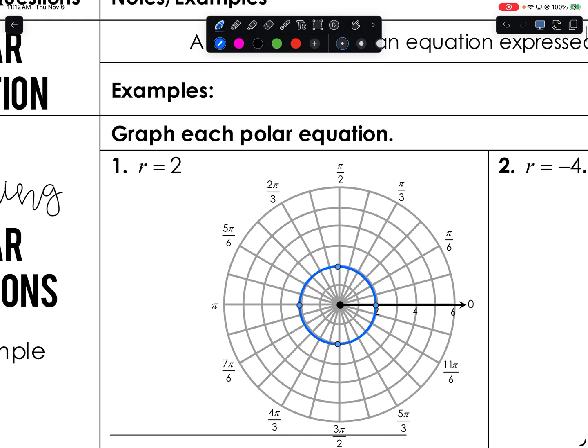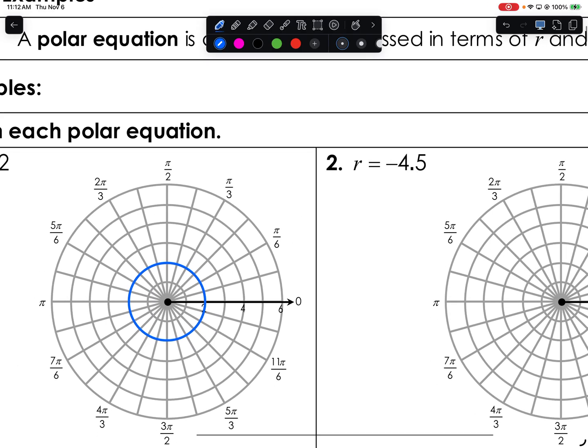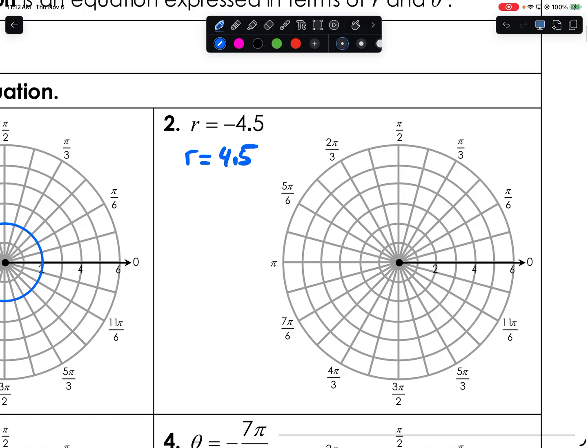Because r equals 2, that's the answer. That's all you have to do. So what do you do with negative? Make it positive. And there's nothing else to switch, so you don't have to switch anything. So 4.5.